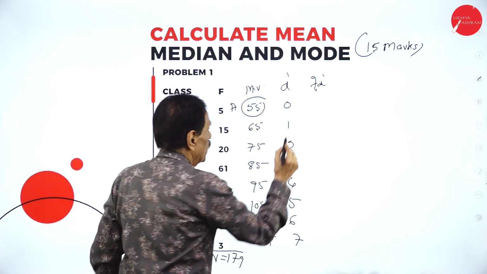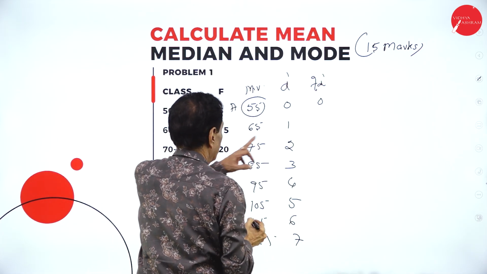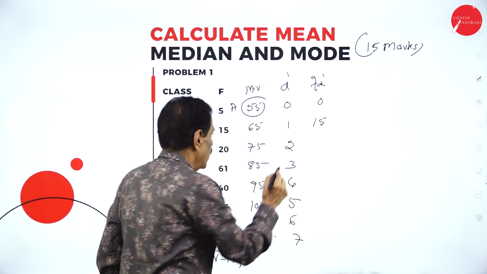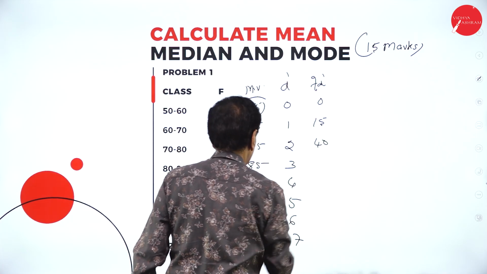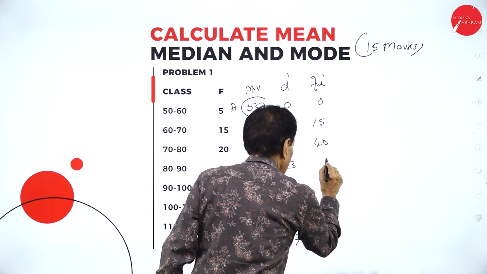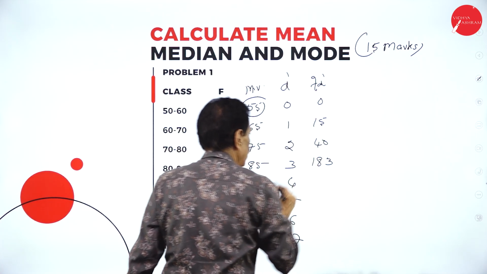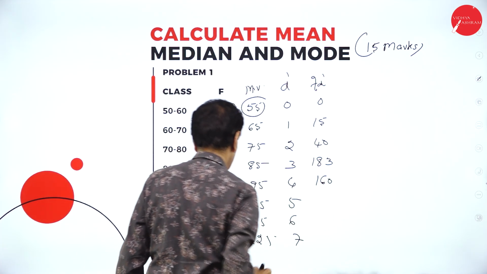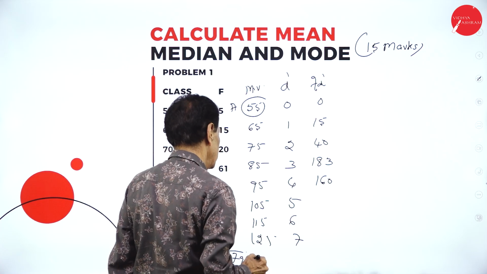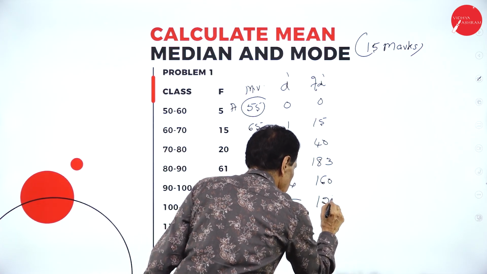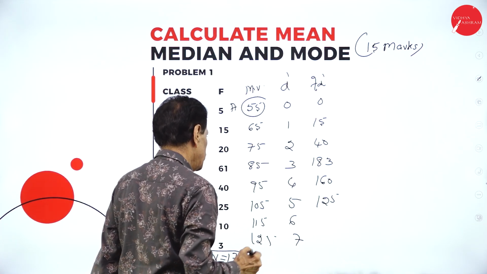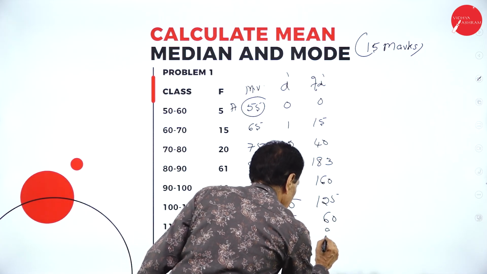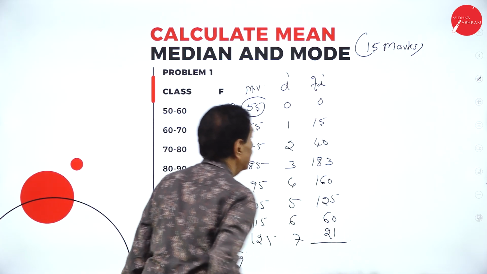So 5 into 0 is 0. 15 ones are 15. 20 twos are 40. 61 into 3, 3 ones are 3, 3 sixes are 18, 183. 40 into 4, 160. 25 into 5, 125. 10 sixes are 60. 7 threes are 21.